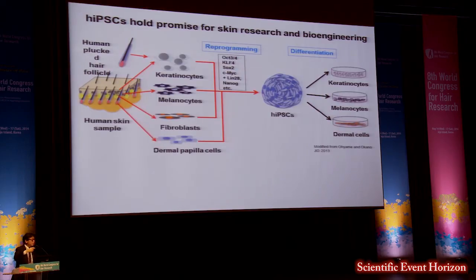And actually, human iPS cells hold promise for skin research and bioengineering. Human iPSCs can be generated from keratinocytes, melanocytes, fibroblasts, and dermal papilla cells, and dermal papilla cells are especially promising material for generating iPS cells because some of them intrinsically express the Yamanaka reprogramming factors.